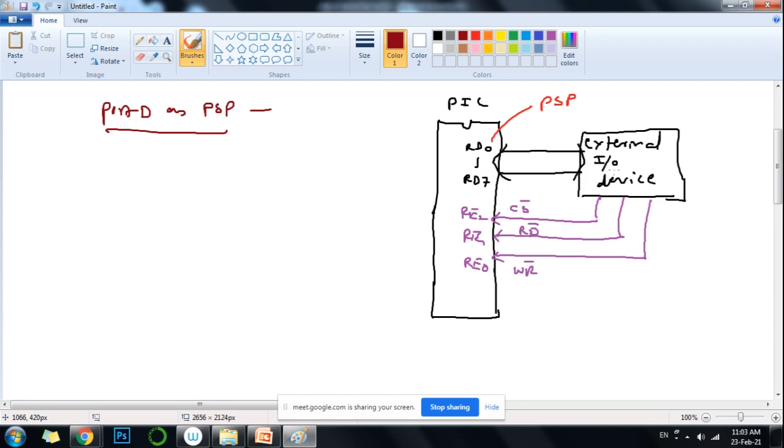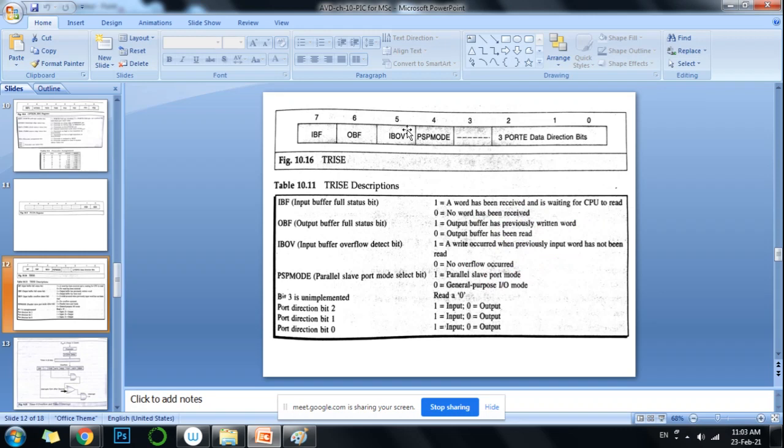During that interval, suppose the external device sends another byte, then that byte will get overwritten. As soon as this situation occurs, the overflow bit will be set. That tells the CPU that there was an overflow, and some bytes have been missed. That type of error indication is done by this particular bit.